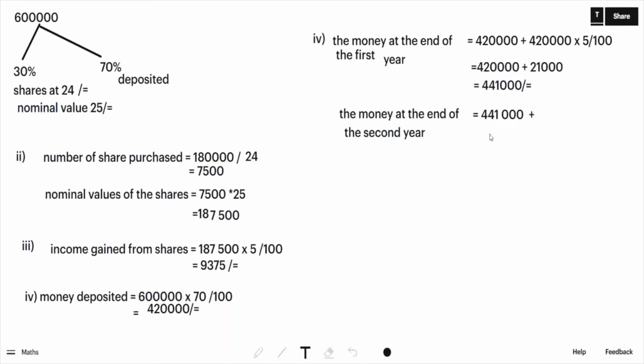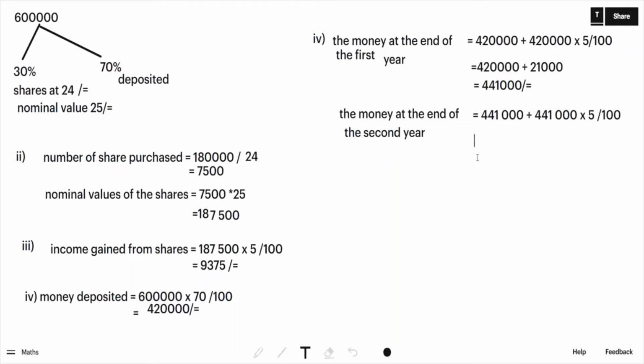At the end of the year, the bank pays 5% annual interest to the customer. So to find out the interest he got, we should multiply the money which is in the bank by the interest rate, which is 5%.